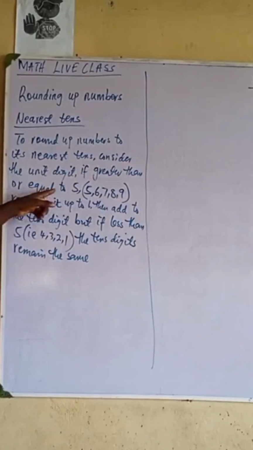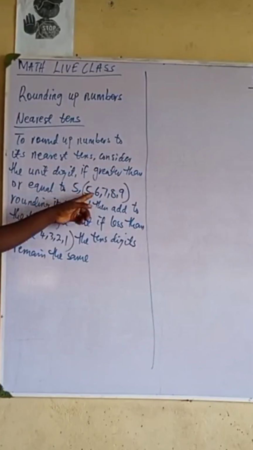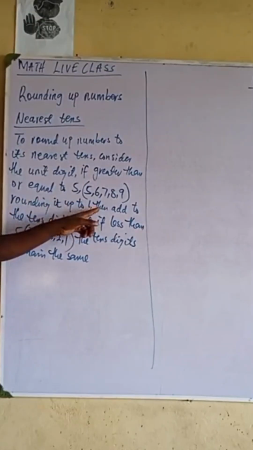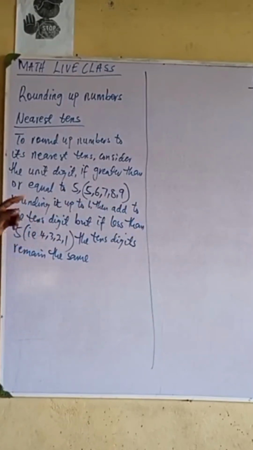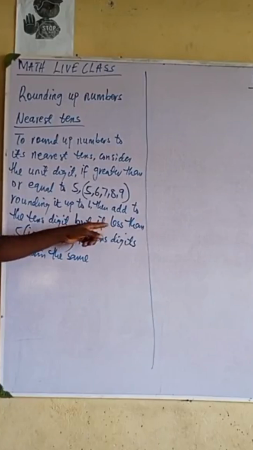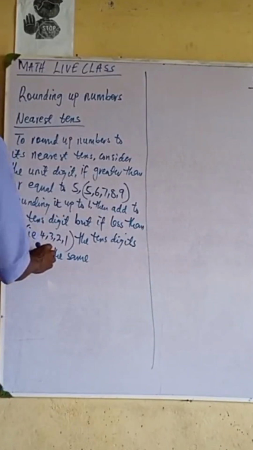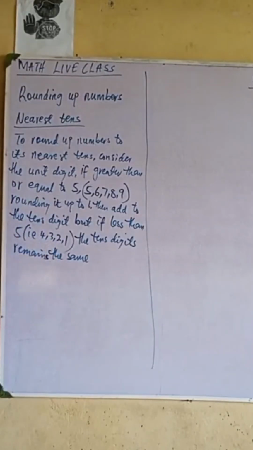If greater than or equals to 5, that is 5, 6, 7, 8, 9, round it up to 1, then add to the tens digit. But if less than 5, that is 4, 3, 2, 1, the tens digit remains the same. The tens digit remains what? Remains the same.